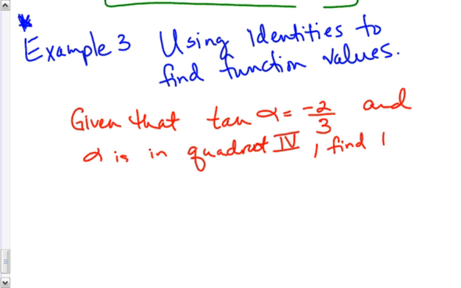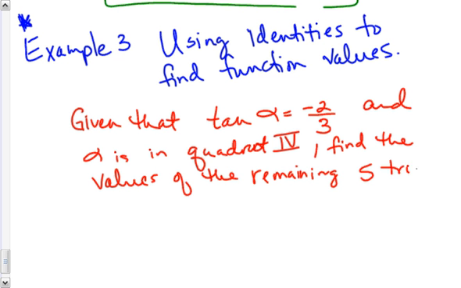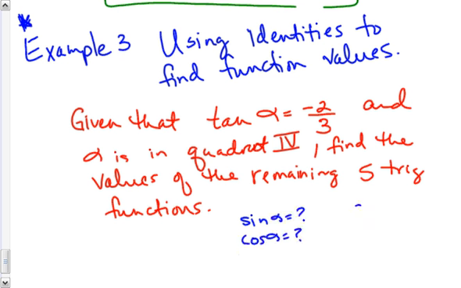Find the values of the remaining 5. So they want to know what is sine of alpha, what is cosine of alpha, what is secant, what is cosecant, what is cotangent?